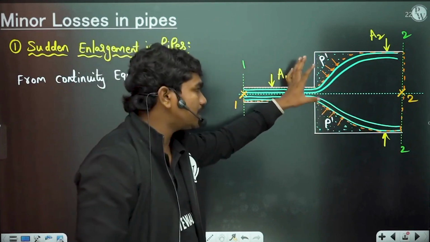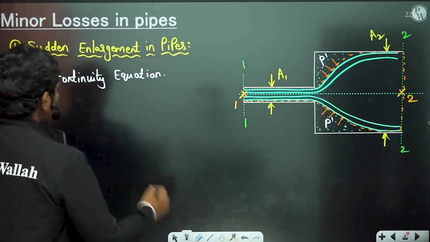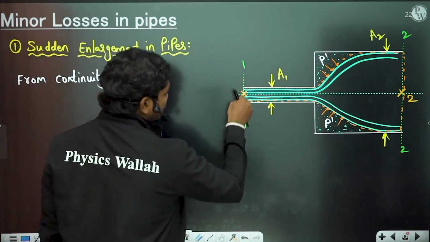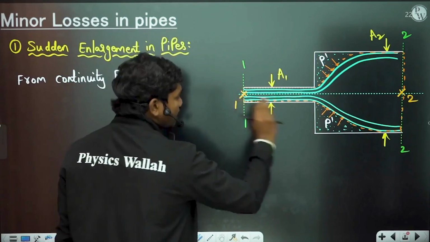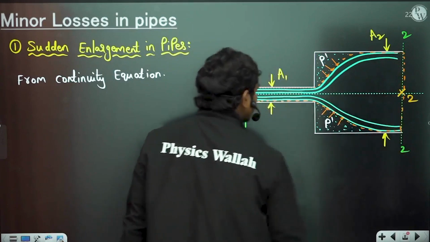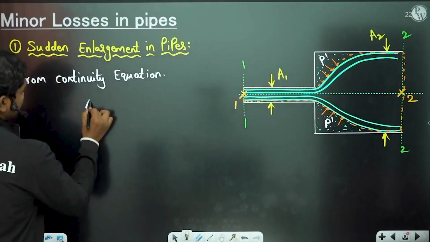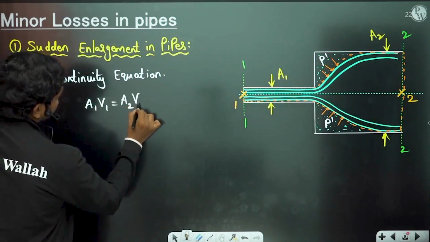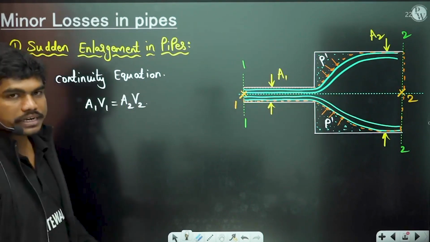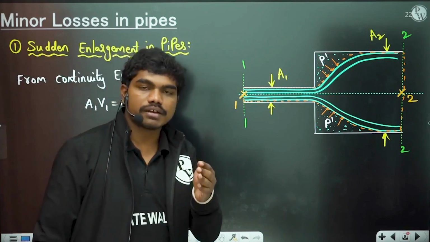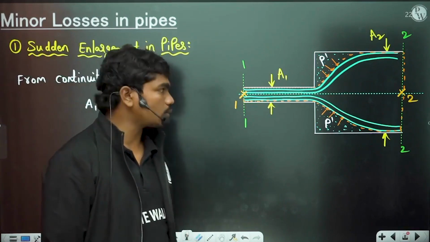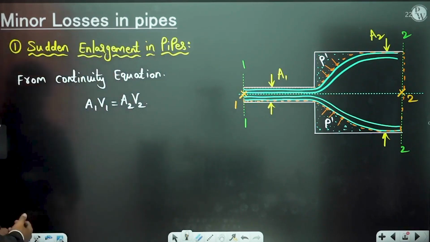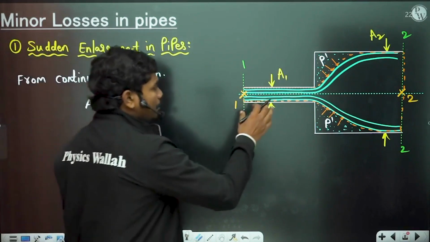At this section, let us suppose the uniform velocity is v1, and at this section the uniform velocity is v2. Then A1 v1 is equal to A2 v2, correct? As per the continuity equation, A1 v1 will be equal to A2 v2. That's what we have.